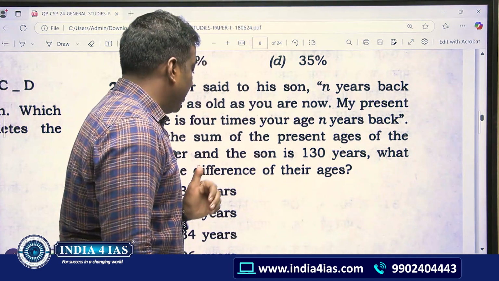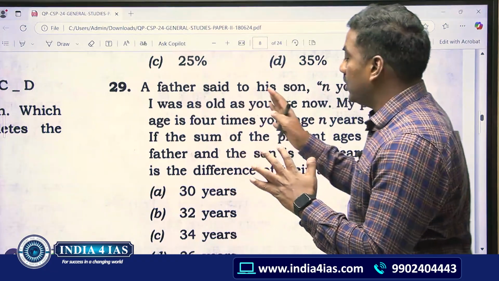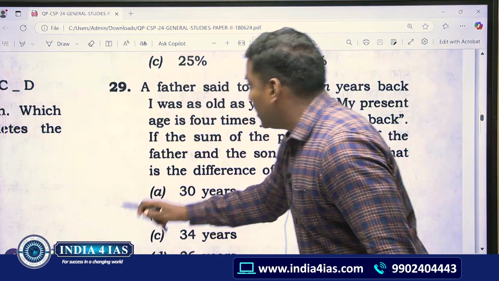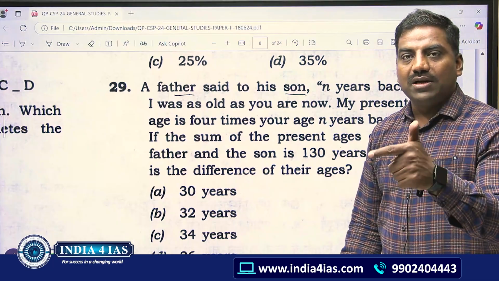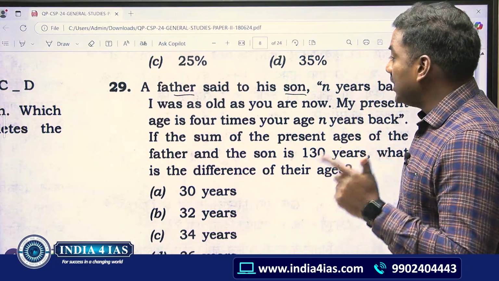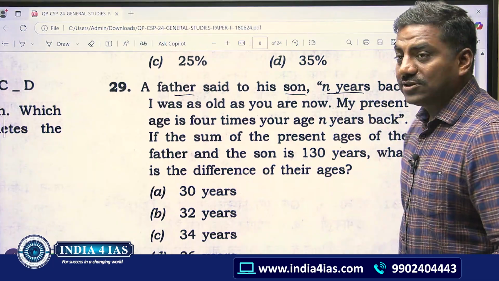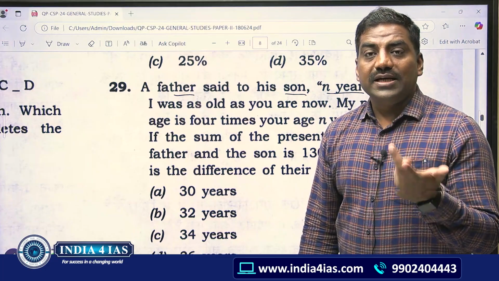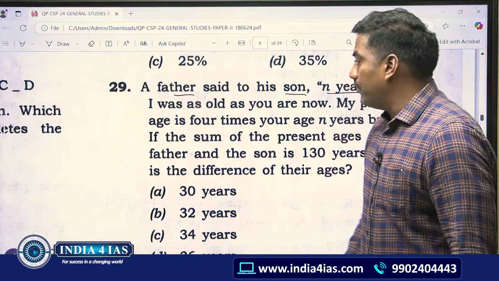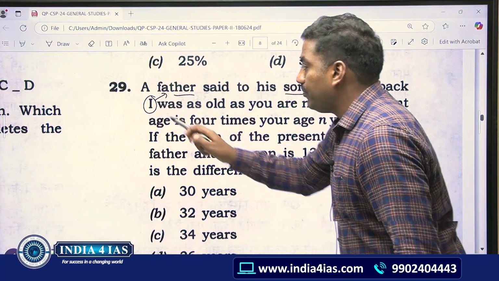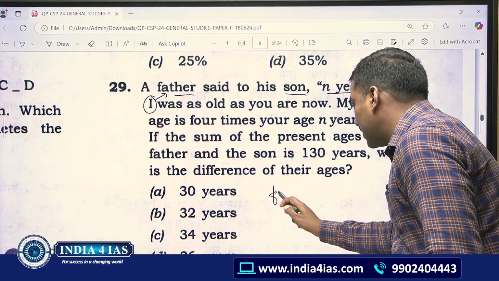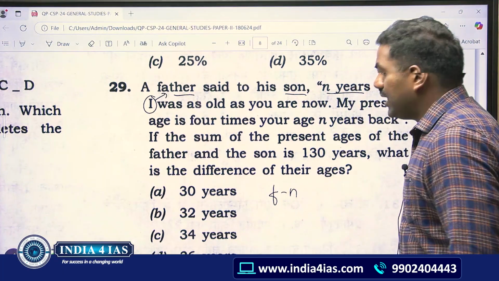Okay, looking at the 29th question, as soon as you see this question, it is a father saying to his son. Father and son: two things are possible. One is blood relation, the second is the age problem. But as soon as you see n years back, it is related to the age problem. So n years back, I means the father.